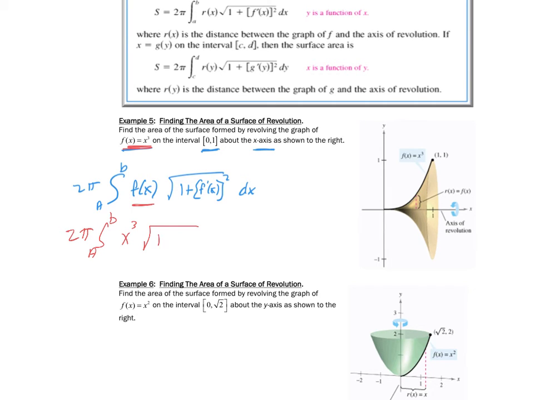Then the derivative of x cubed is 3x squared, and that quantity is going to be squared. And then we evaluate. I guess I didn't have to put a to b here. We know our limits of integration are from 0 to 1. That would either be a setup question or a typing question. So from here, you get out your calculator, type your buttons, and you get your answer.